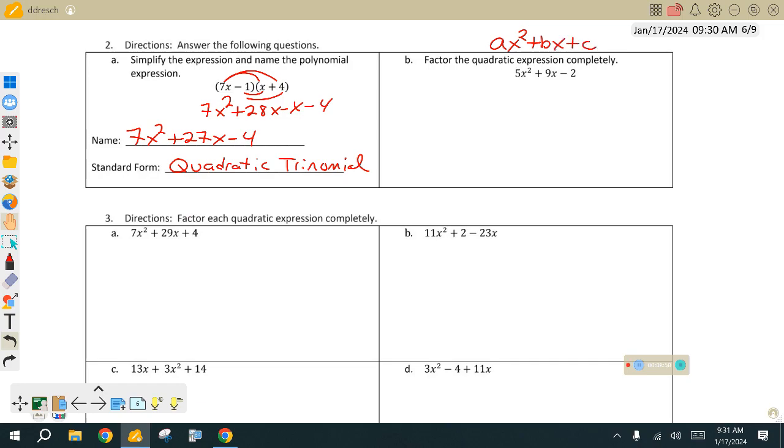A in this instance is 5, B is 9, and C is negative 2. So we want to look at the coefficient of the quadratic term, the coefficient of the linear term, and the constant. You've got to know your bits and pieces.